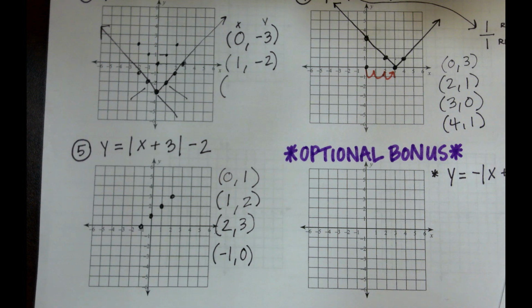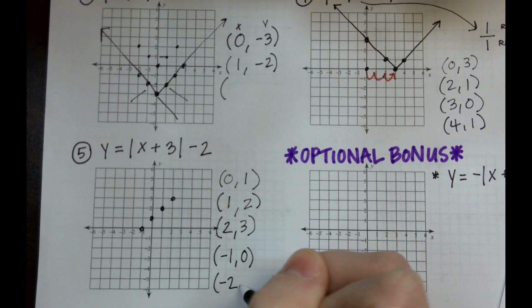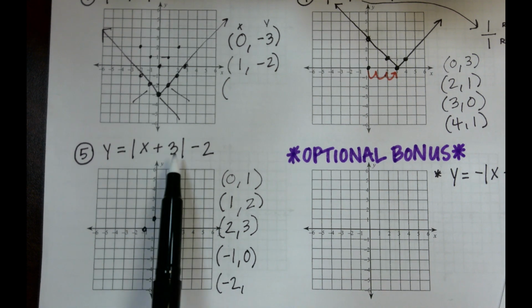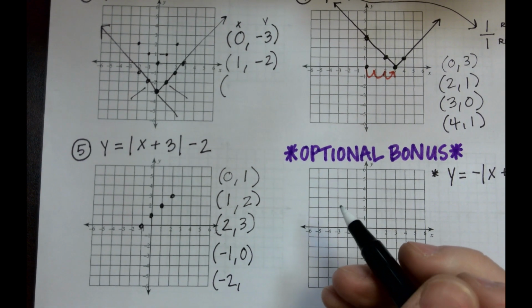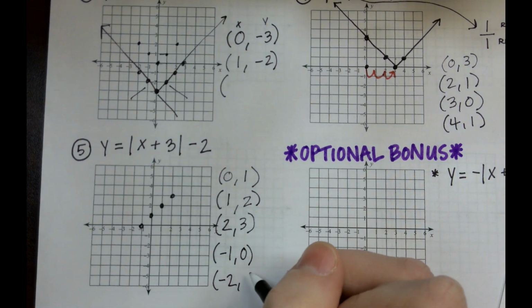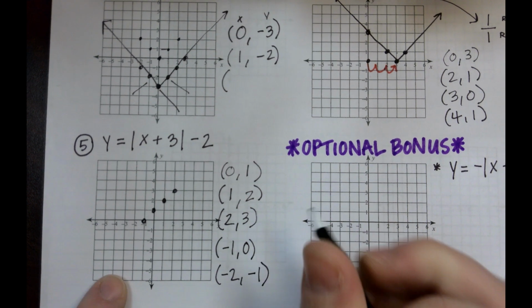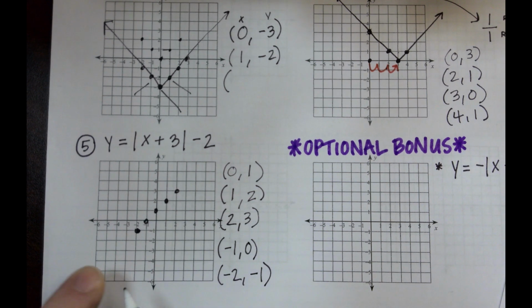Let's do -2 and see if it goes any lower than that. -2 plus 3 is 1. 1 minus 2 is -1. So we go over to -2, down to -1.